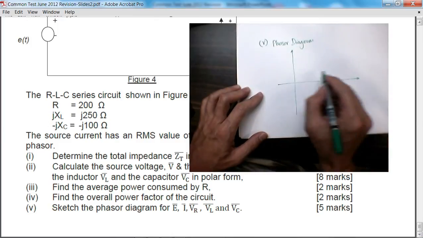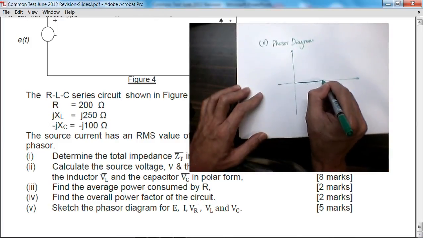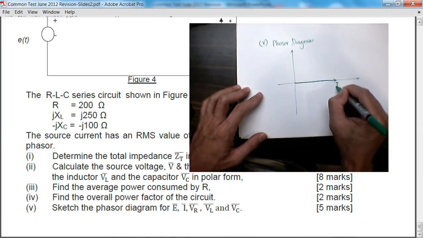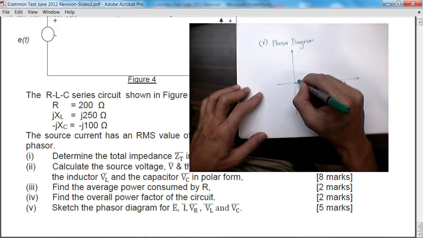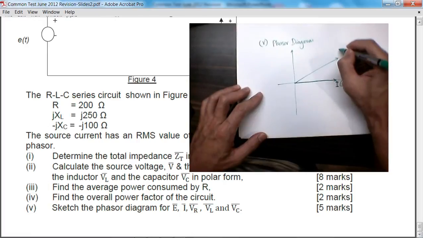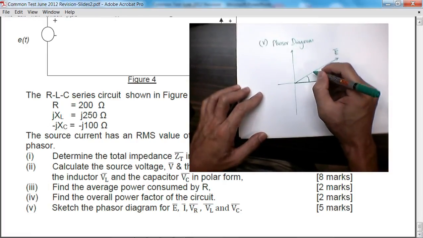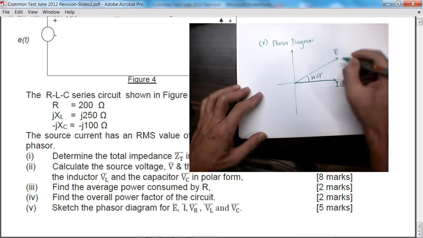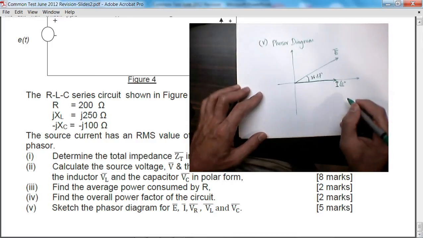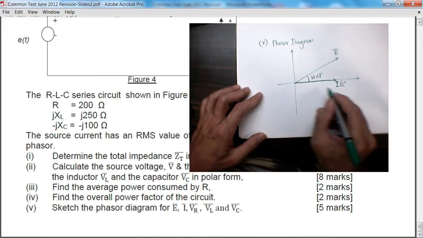Current is the reference, so current we draw first, I at an angle 0. The supply voltage E is at an angle this way, so then E is at 36.87 degrees.